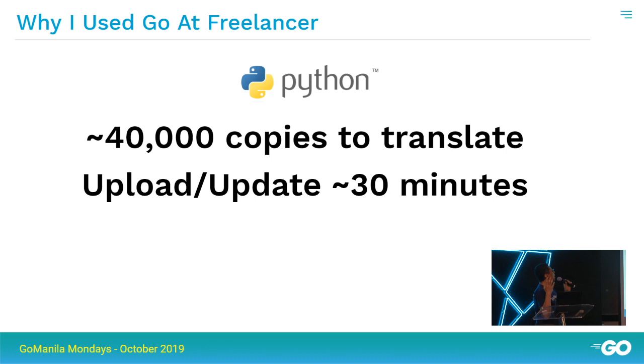The problem has been that in all of our source code, and I'm only talking about one of our web properties, freelancer.com. I'm not talking about our mobile apps or the rest of the web properties that we manage. We have in the neighborhood of 40,000 copies that we have to translate.